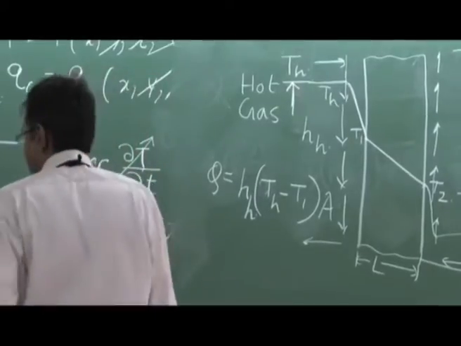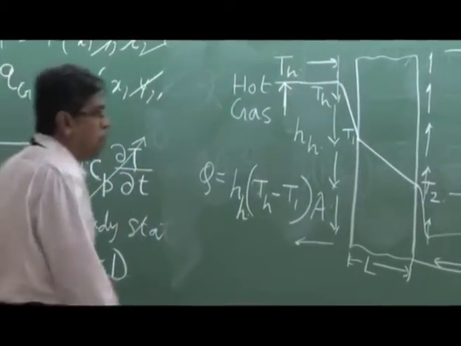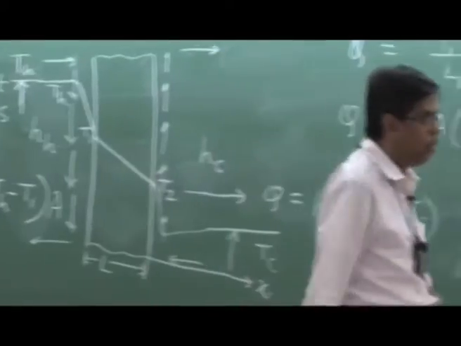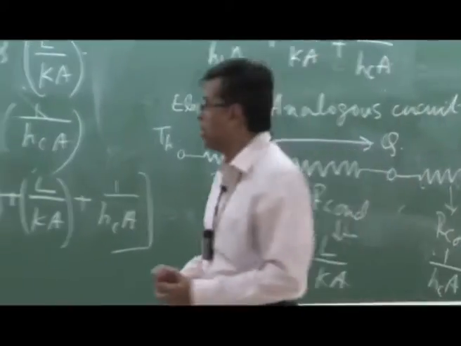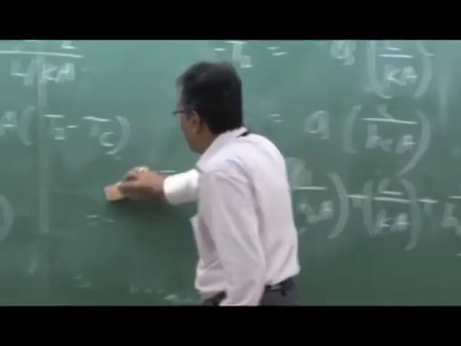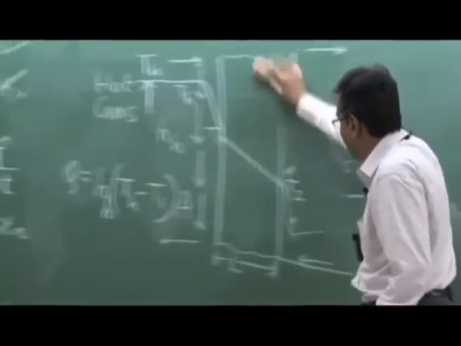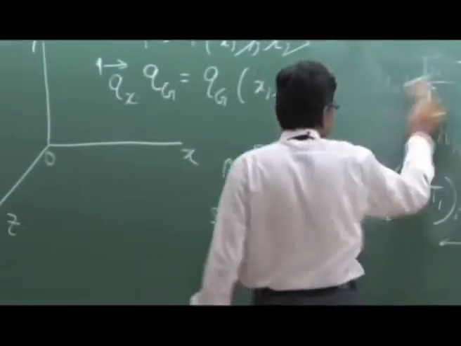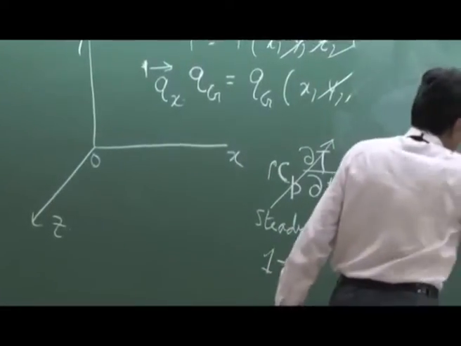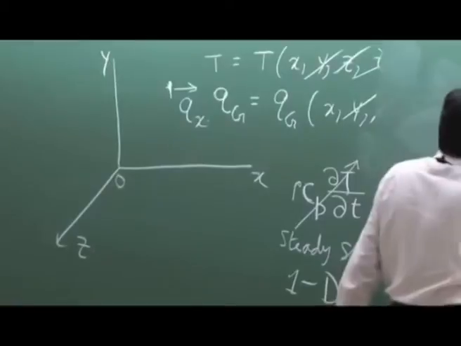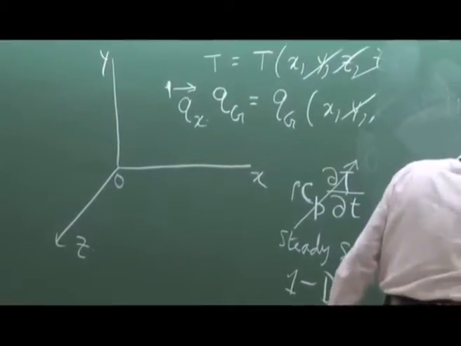Another simple case relating to purely one-dimensional heat flow through a slab, window type or a wall type of thing, is like this. Instead, there is a composite wall.